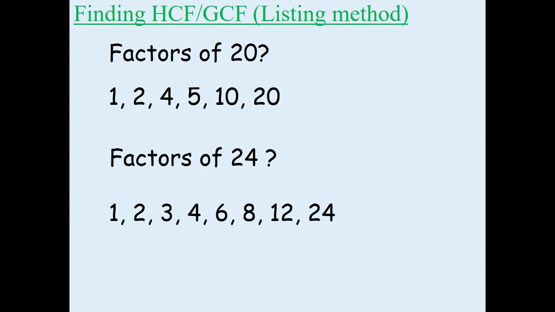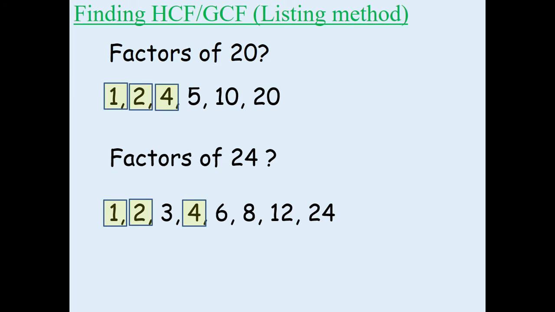So we're asked to find the HCF of 20 and 24. Let's highlight the common factors. 1 is a common factor. 2 is a common factor. What else can we spot in both sets? 4, lovely. Anything else? No. So we have 3 common factors, but the H tells us we're looking for the highest common factor.